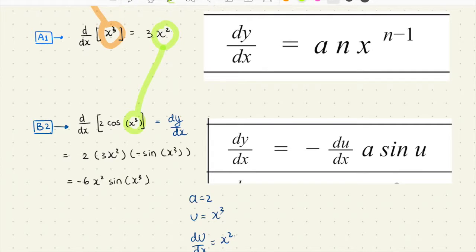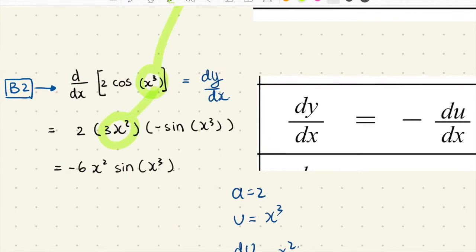We simply put the values in one by one here, right? Negative 2 times du/dx, which is 3x squared, times negative sine x cubed. If you simplify that, you get negative 6x squared sine x cubed.